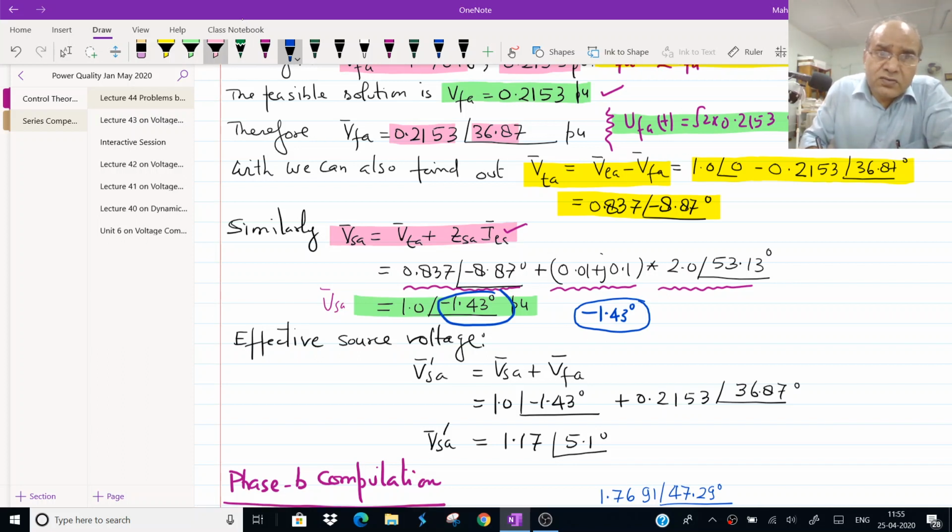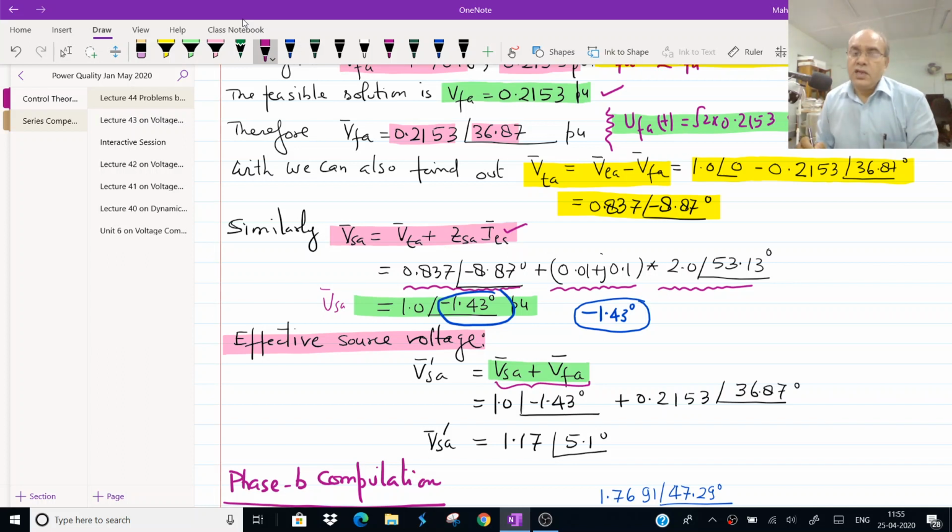Alright, let us find out what the effective source voltage is. As I said, the effective source voltage is nothing but VSA plus VFA, because together it acts like an effective source. VFA is also like a source, a voltage generator, which is trying to compensate the voltage sag, voltage swell or voltage interruption.